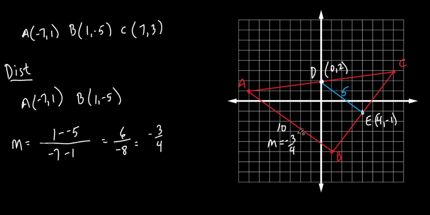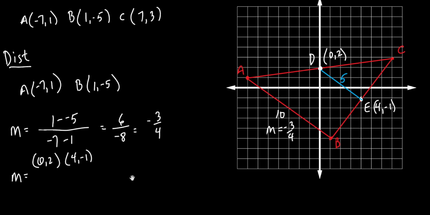Last thing we do, we want to check to see what the slope of DE is going to equal. All right, so what were my points again? It was 0, 2, and 4, negative 1. So let's find the slope between them. You know what it's going to be, but it's fun putting it in here and seeing if it really works like it's supposed to.